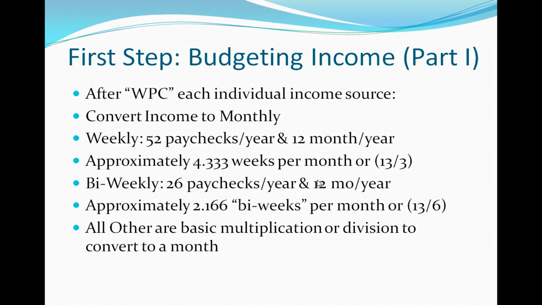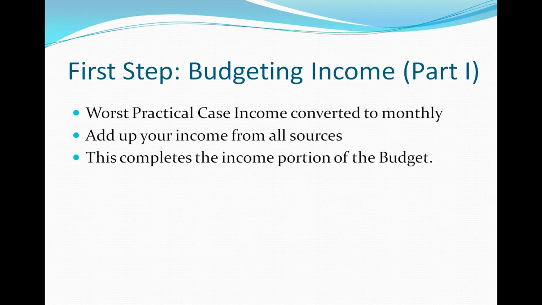The main problem is that if you take 12 months and 4 weeks, you end up with 48 weeks. But that's not true. There are 52 weeks in a year, so we have to account for that, and that's what we're doing here. For all of the other ones, it's really basic multiplication and division to convert to months.